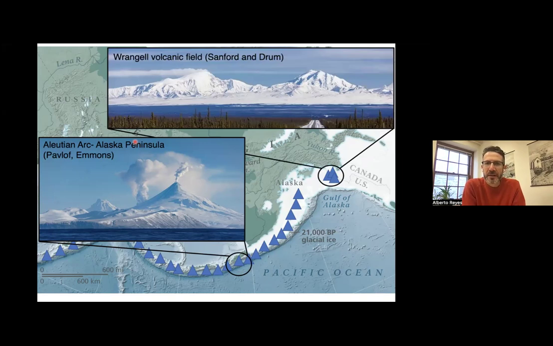So here's Sanford and Drum. These are really active volcanoes. I think that's the Alaska Highway there. And these volcanoes are associated with subduction of the Pacific plate kind of underneath the North America plate. So collectively, these many volcanoes are responsible for spewing out the hundreds of tephra that now find themselves in the sedimentary record of eastern Beringia.